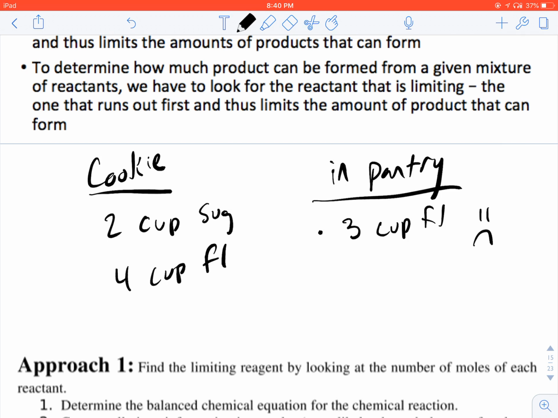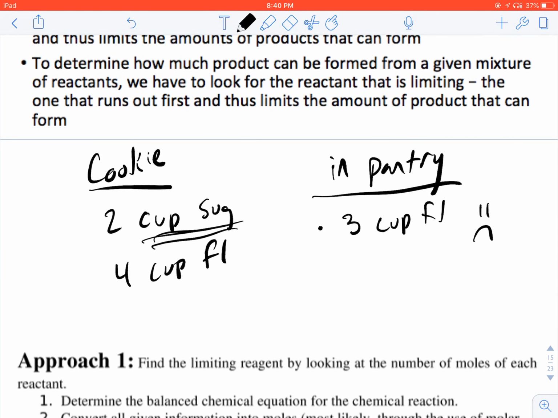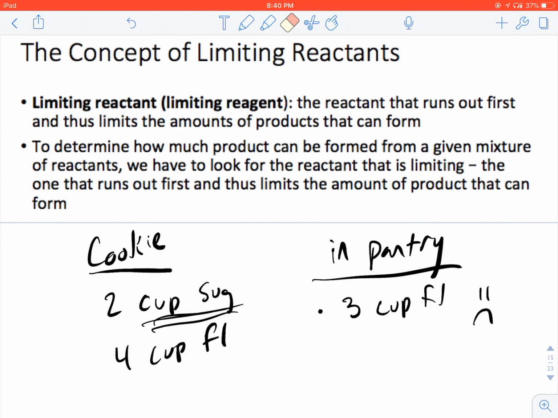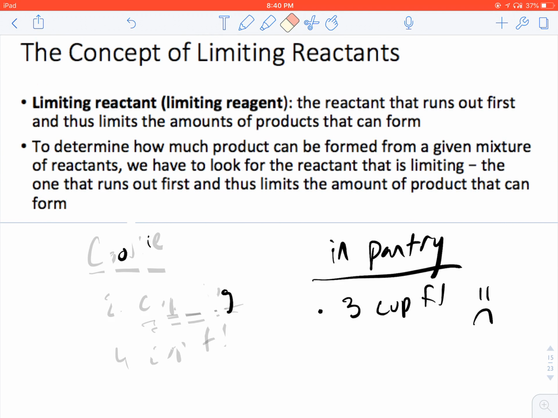Oh, no, you can't follow the recipe just the way it is, but perhaps you can still make some cookies. Now, are you just going to assume you have enough sugar? No, you cannot, because you never know if you have enough sugar too. So, same idea. Now we're going to relate that to chemistry. That's the idea of the limiting reactant.